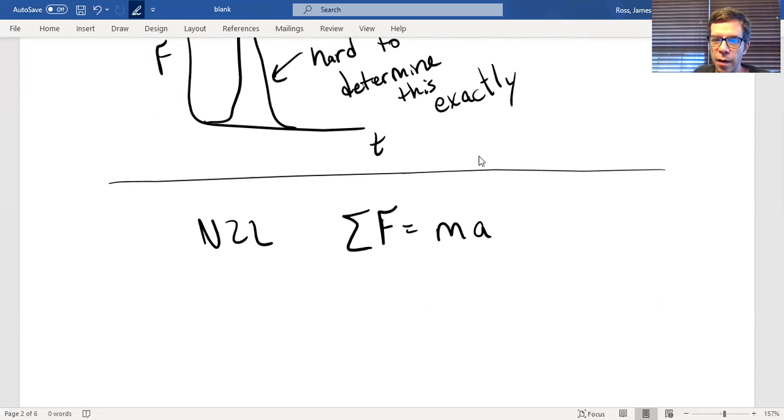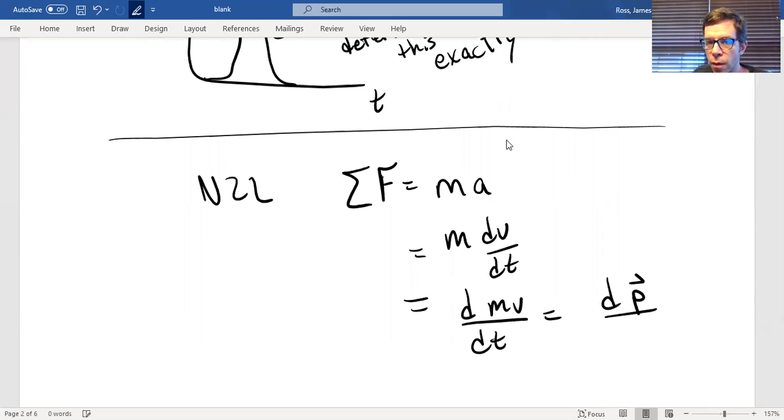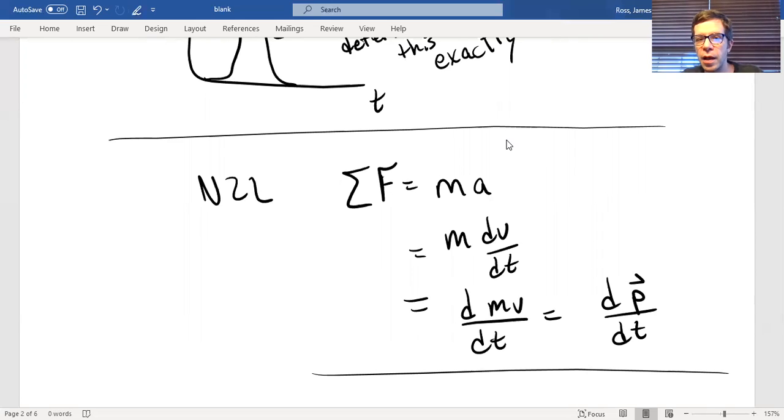So a is dv/dt, and we can bring the m in, and we see that the time rate of change of momentum is what the sum of forces is equal to. So this is the historical presentation of Newton's second law.